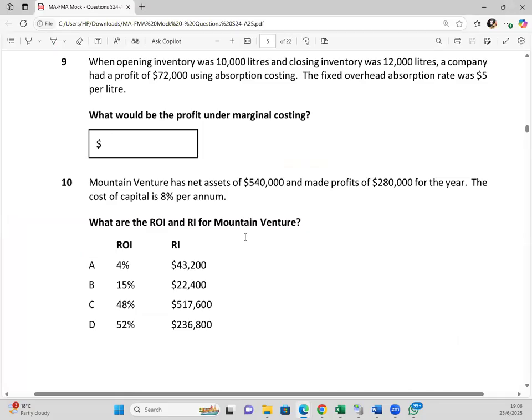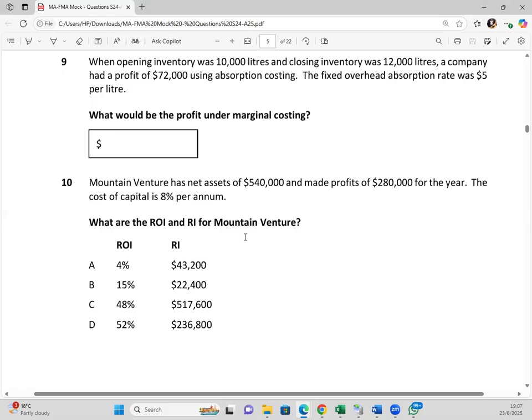Mountain Venture has net assets of 540,000 and made profits of 280,000 for the year. The cost of capital is 8% per annum. What is the return on investment and residual income for Mountain Ventures?